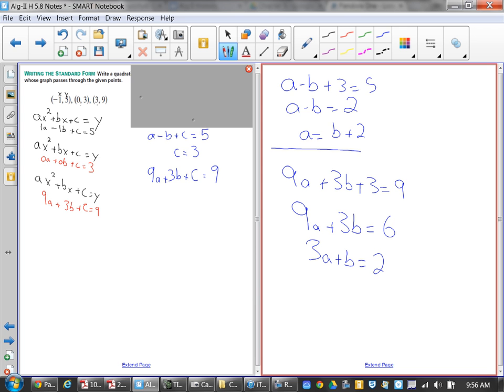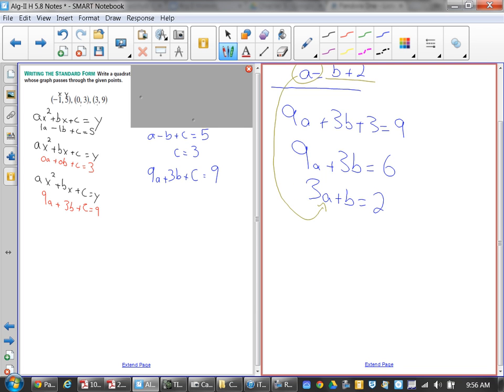Knowing A is B plus 2, we substitute it. You okay with that? All right. So we have 3 times B plus 2 plus B is 2. Very good. We have 4B plus 6 is 2. What's B? -1. Excellent.